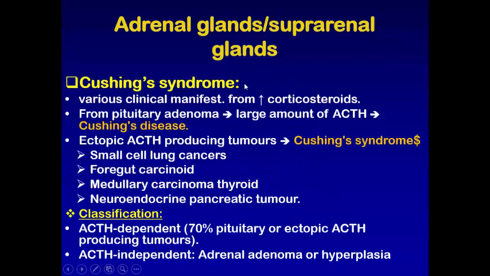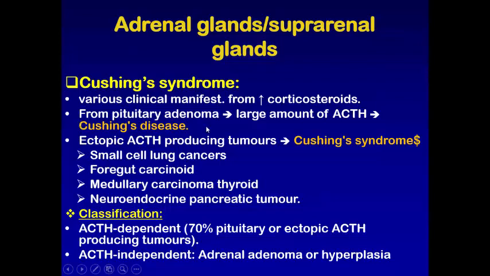About Cushing syndrome, which is from adenoma of the adrenal cortex, it refers to various clinical manifestations resulting from increased secretion of corticosteroid. When it is due to a pituitary adenoma that secretes a large amount of ACTH, it is called Cushing disease.